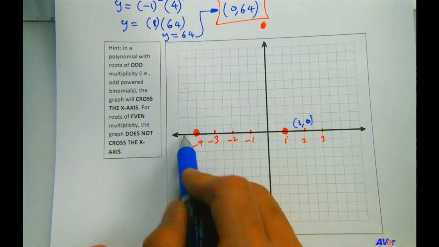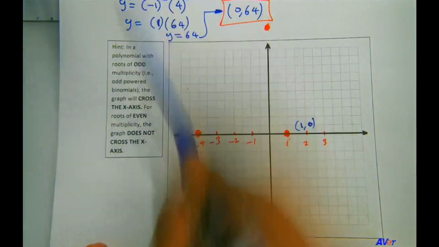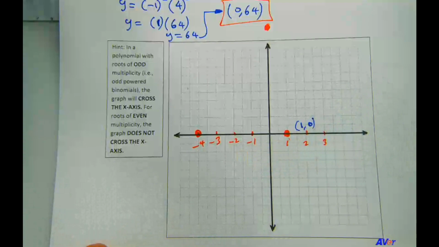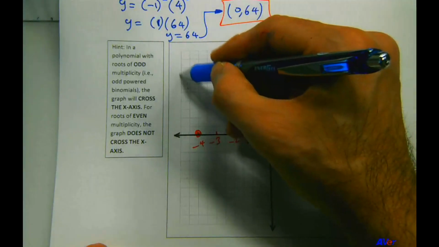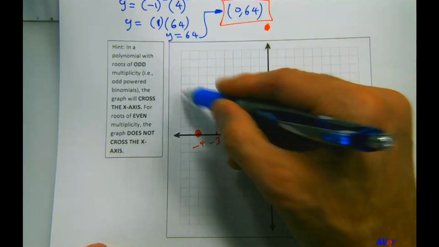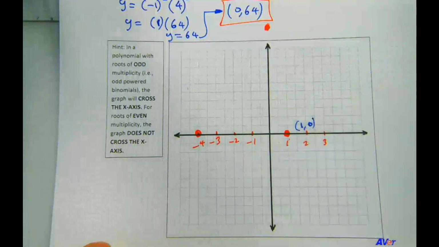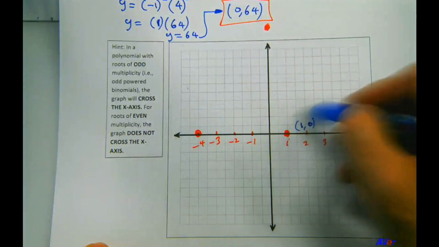But if I evaluate the function at that point and I get a positive value, then I know the line is coming from above, where the y values are positive, and crosses the point to the other side. And then it's going to go towards that and then come back.